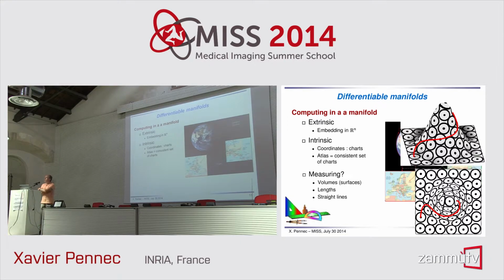Okay, now if we want to compute on a manifold, there are two ways of seeing things. One is to see, if you see the Earth here, as an embedding in a larger space. This is a 2-dimensional manifold: the surface has 2 dimensions, and it's embedded in a 3-dimensional space. And there is some kind of metric measurement.